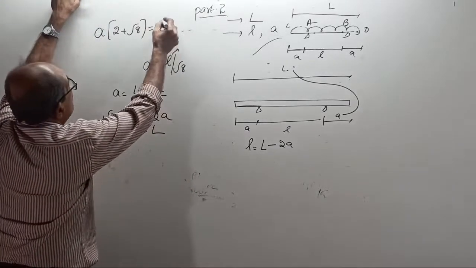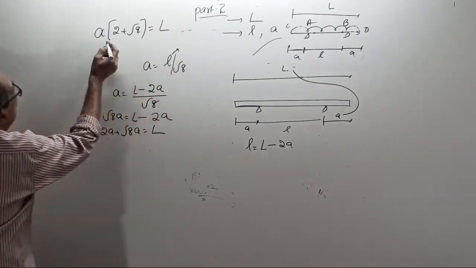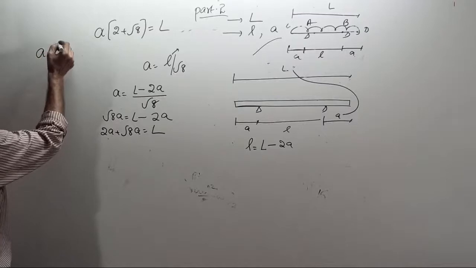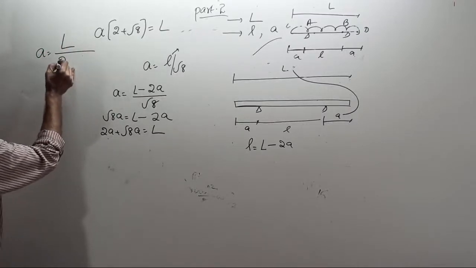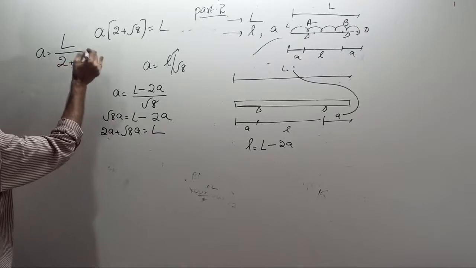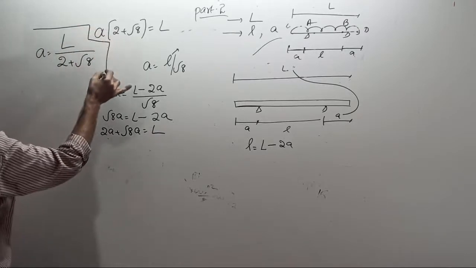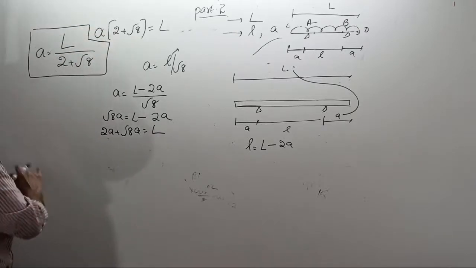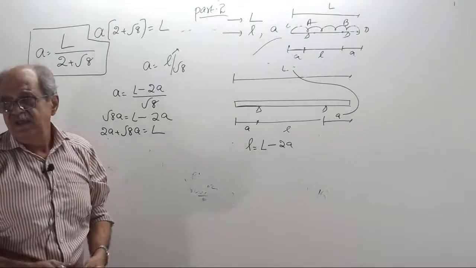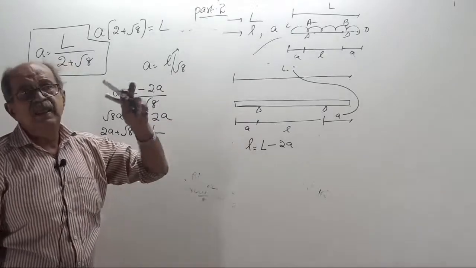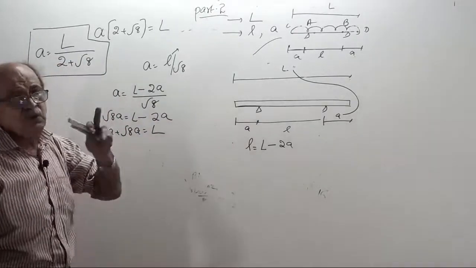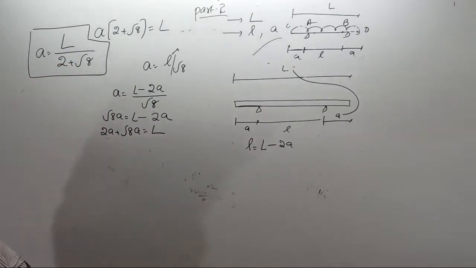Or you can say A equal to L by (2 plus root 8). Fully clear or not? Fast, clear? A equal to L divided by what? 2 plus root 8. You tell clear, I'll go further.